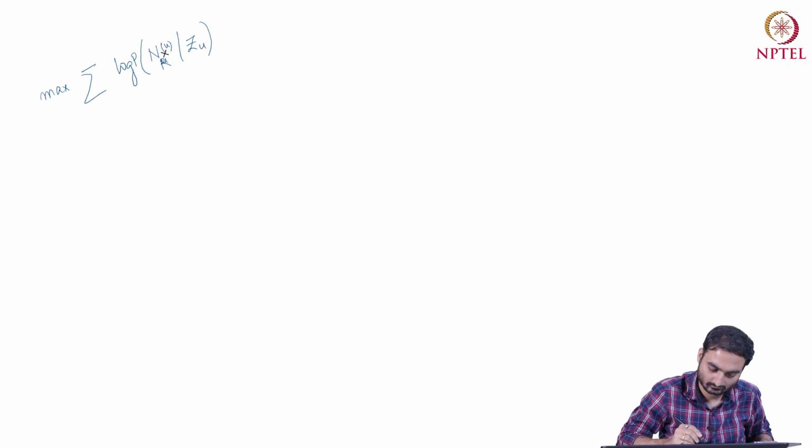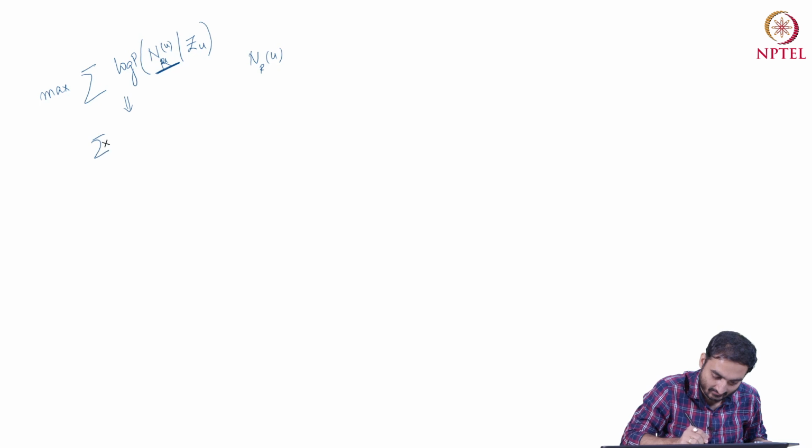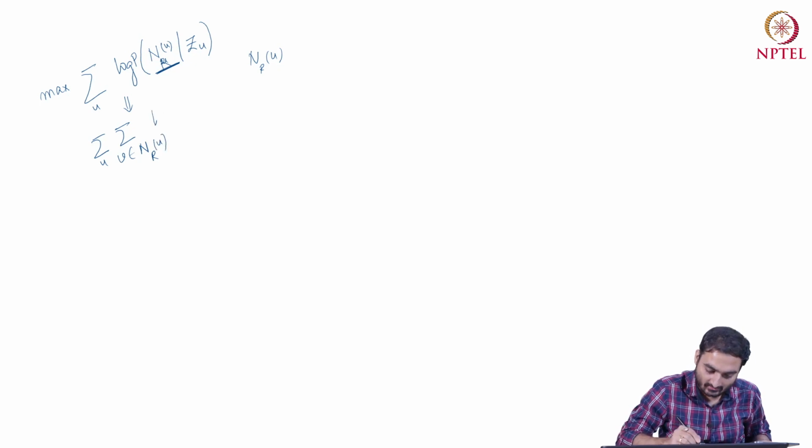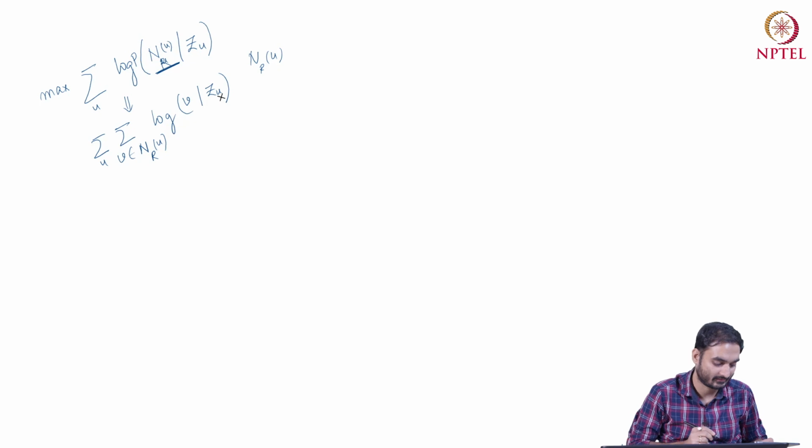And if we unfold it, remember this is a set, N_R(u) is a multi-set. We can write it this way: for every u we look at its neighbors, log of v given Z_u. This is something that we maximize.